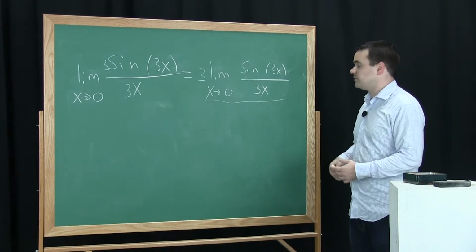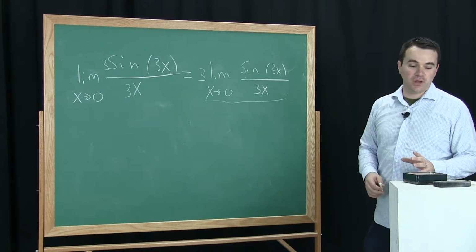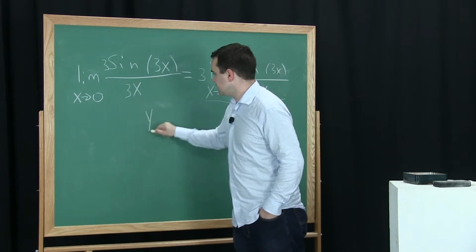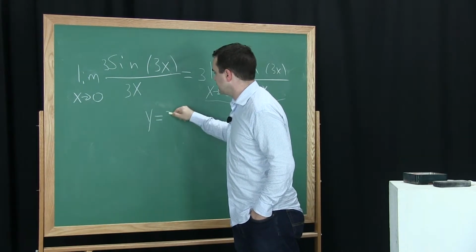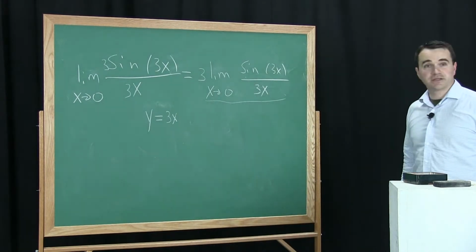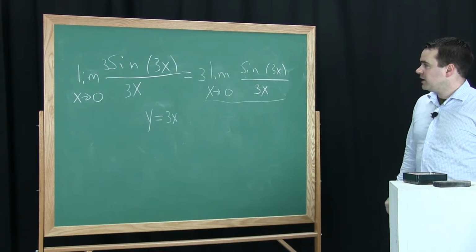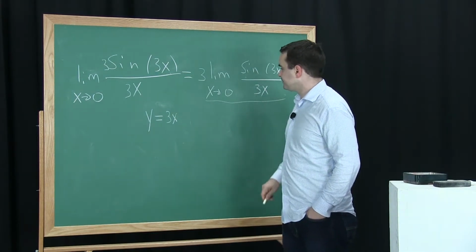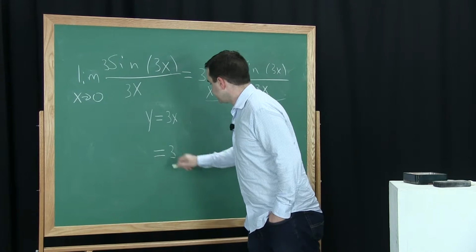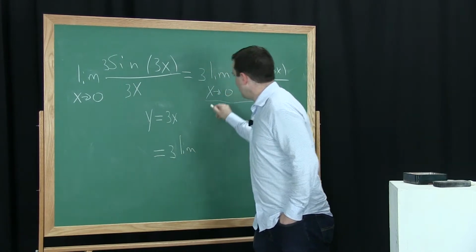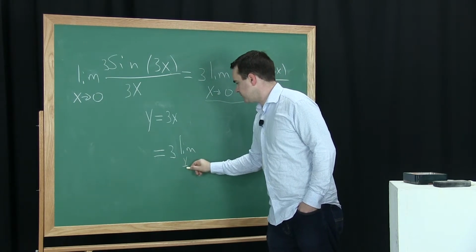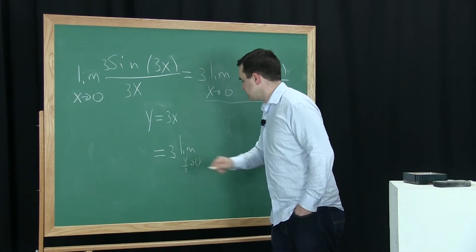To explain that a little more fully, we can do what's called a change of variable. Let's let y equal 3x, and then make the substitution into the limit. So this limit is 3 times, well, x is going to 0, so x is y over 3, so y over 3 is going to 0.